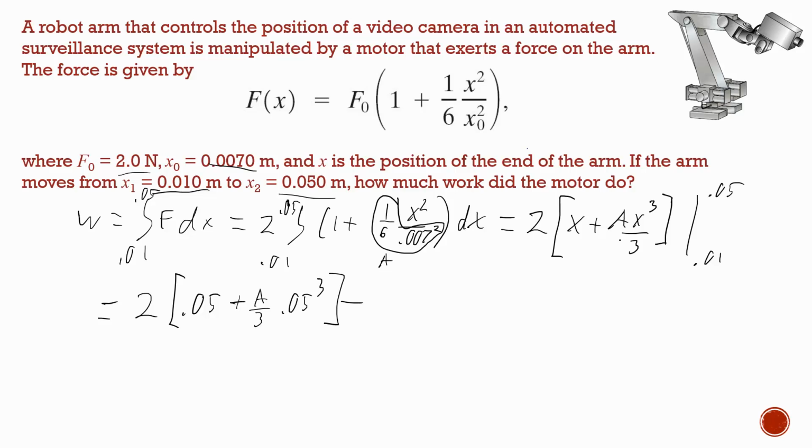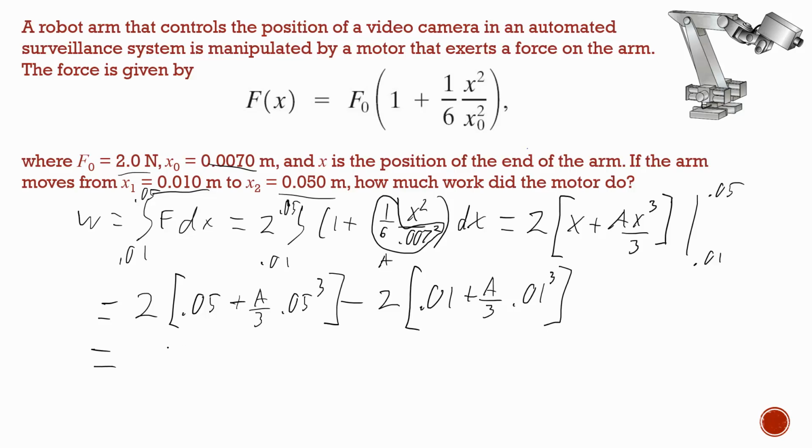And then you subtract the whole thing again with 0.01 plugged in. I guess we could have factored that 2 out and just left it out front. But anyway, 0.01 plus a over 3 times 0.01 cubed. That a again is this nasty stuff.